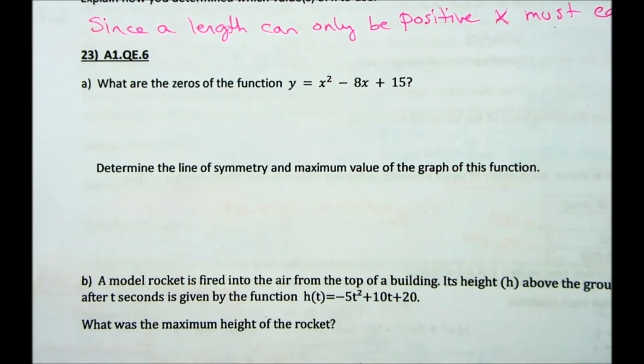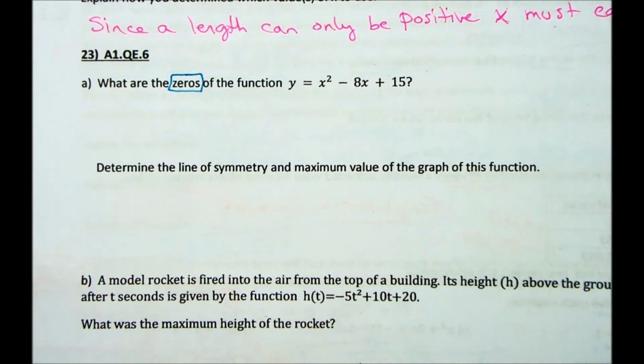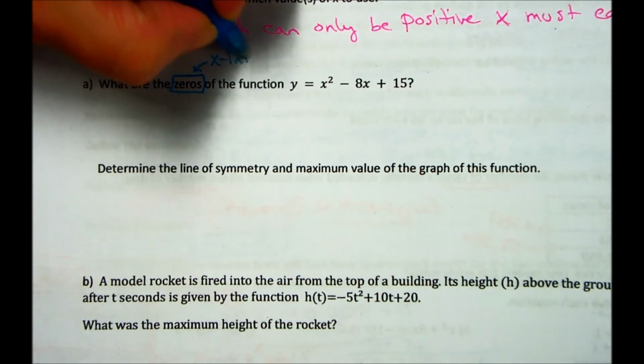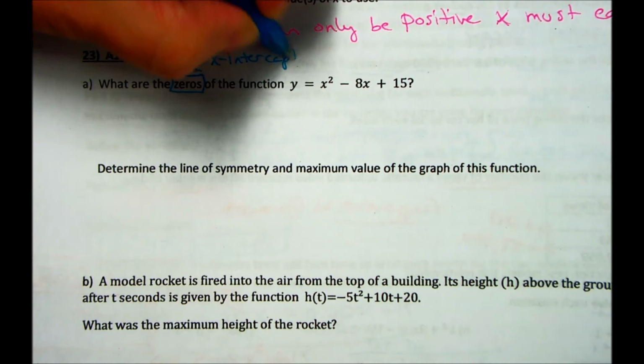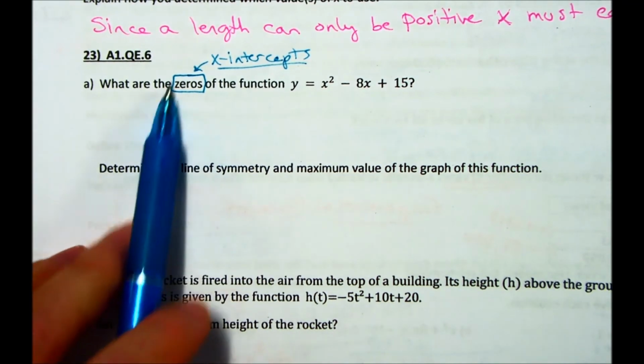All right, so in the next one here, they're asking what are the zeros of the function. Zeros is a term that you really need to know what that represents, because zeros just mean x-intercepts. So if we were to graph a function, wherever it crosses the x-axis, that's called a zero.